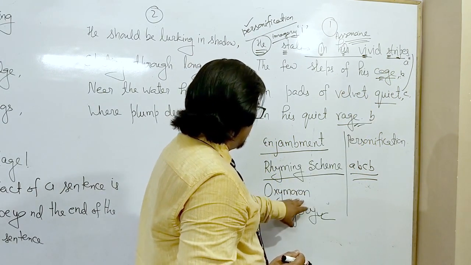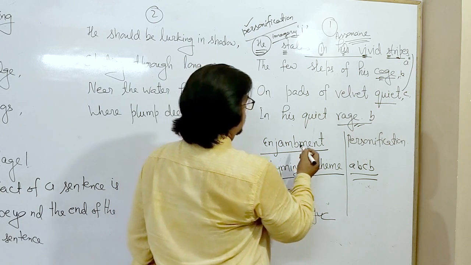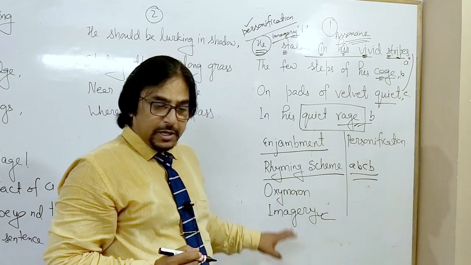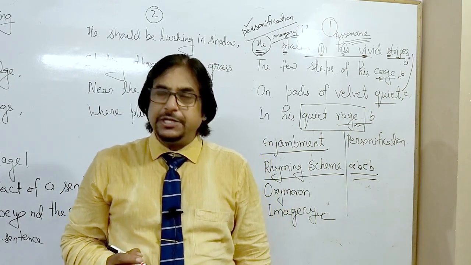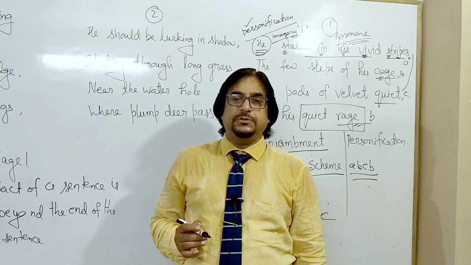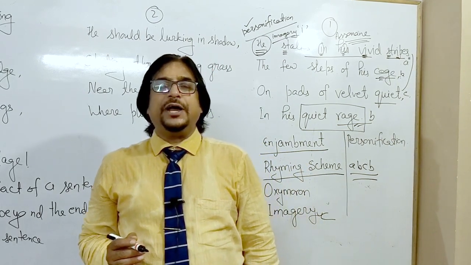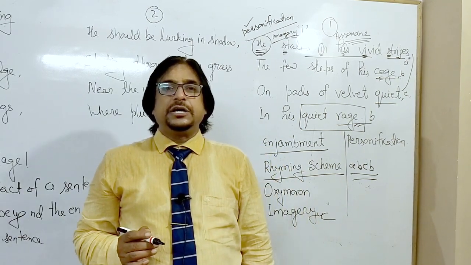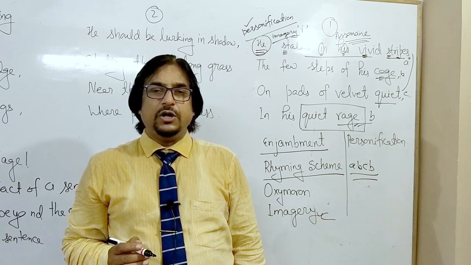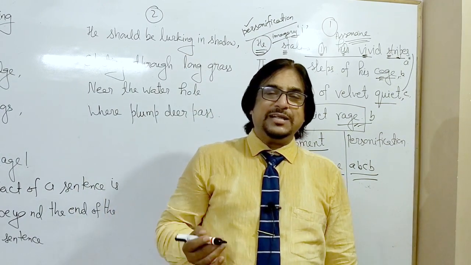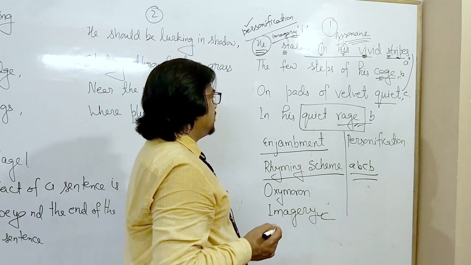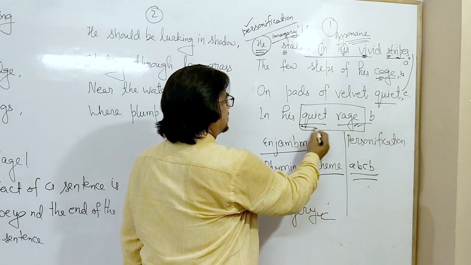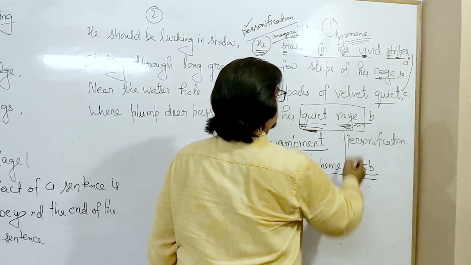After that, oxymoron. Oxymoron is a very good poetic device. It is a combination of an adjective preceded by a noun with contrasting meaning, like living death. Here we are getting quiet and here we are getting rage.